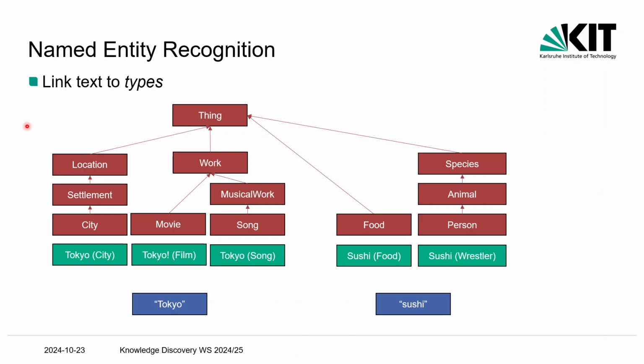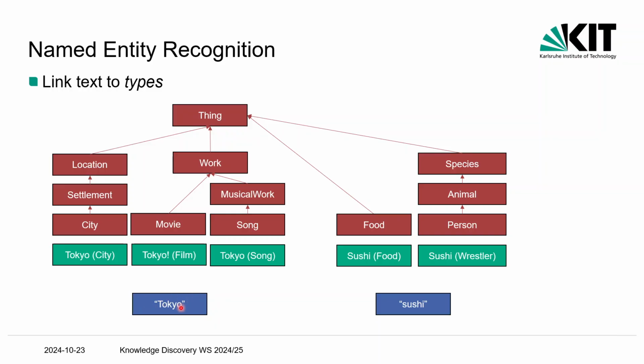The next task we're looking at is called named entity recognition. So the idea for named entity recognition is that we want to link text to types. Again, taking our sub-example from before with Tokyo and sushi from the sentence before, we want to figure out what types of entities these are.